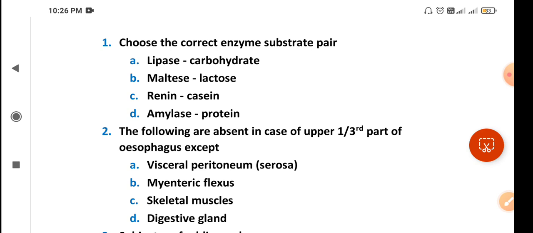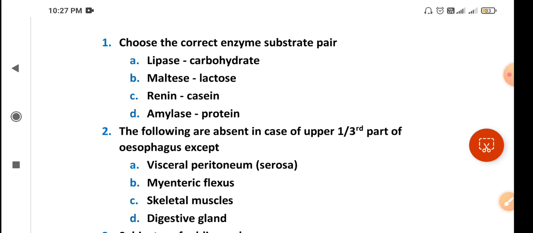Here the enzyme is lipase and carbohydrate is the substrate. This is not the correct option because lipase is an enzyme which acts on lipids or fats, not on carbohydrates.